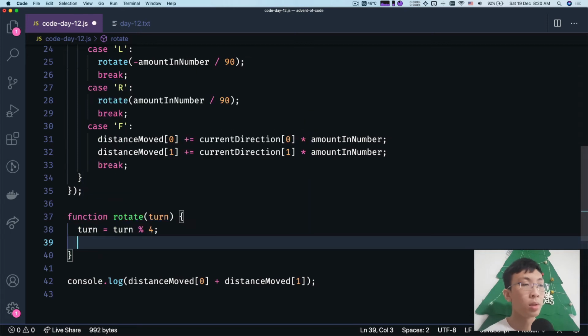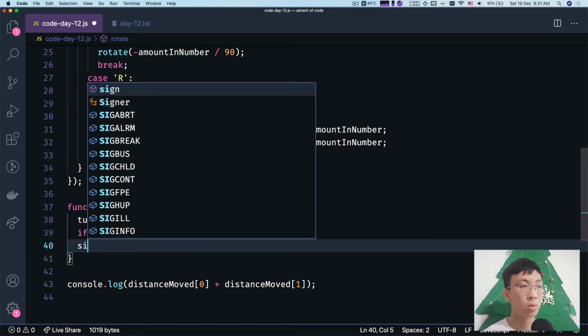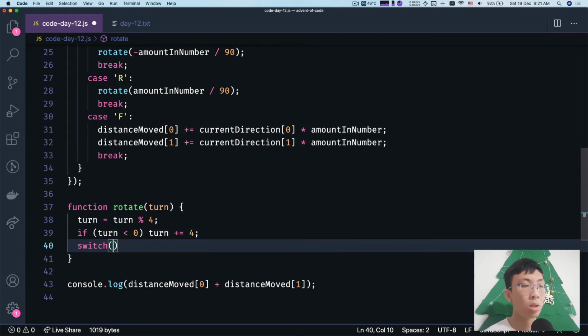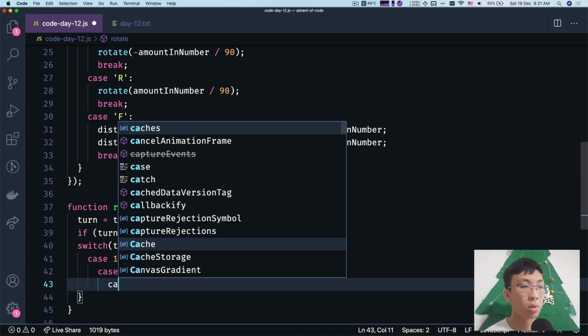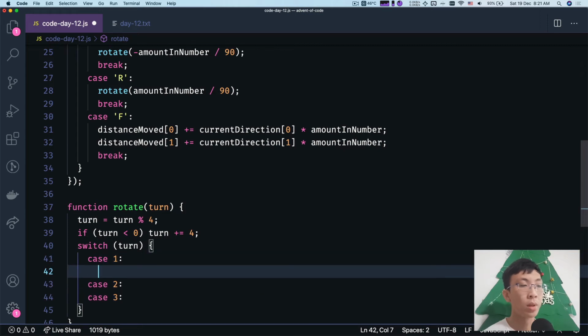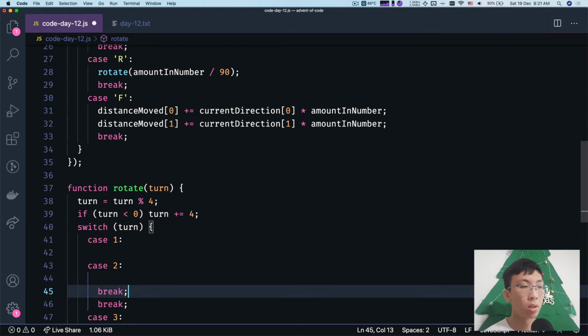And then if turn is negative, then we add 4, so that we wrap it to make it positive. Then the possible values of turn would be 0, 1, 2, 3, so switch turn. 0 you can just ignore, we're not turning anything. 1, 2, 3. So I'm going to have each of these cases.